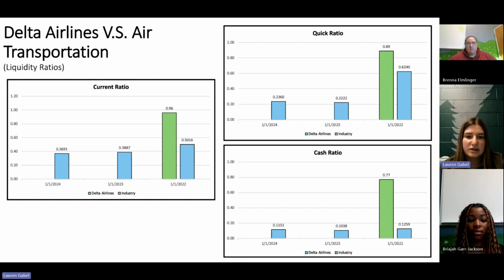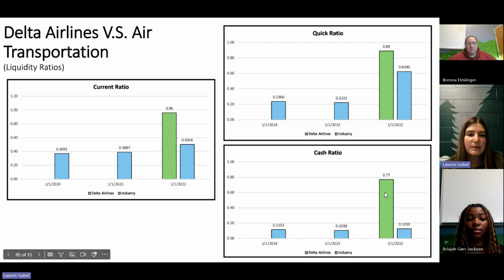And I think this could be due to inventory that they've had on stock. Overall, this graph shows the company, again, is not able to pay its short-term obligations with its current assets. For the industry comparison, the industry again has a higher ratio, but Delta is not too far off. This shows that the industry is pretty comparable when it comes to analyzing the most liquid assets.